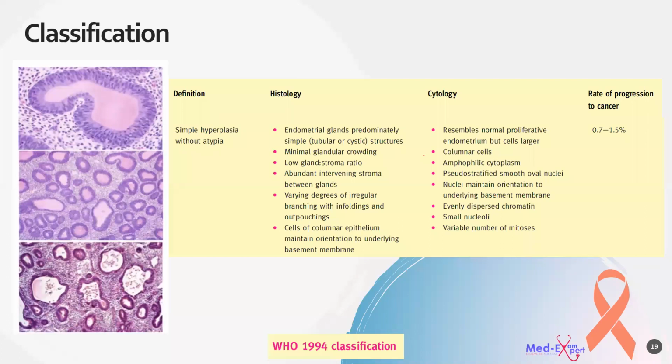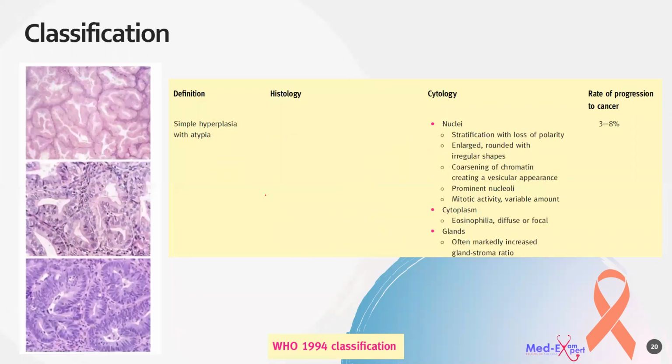The histological difference between simple and complex is according to the ratio of gland to stroma. The more the growth of the glands, the more the complexity of these glands, the higher the gland to stroma ratio. This is considered complex endometrial hyperplasia.